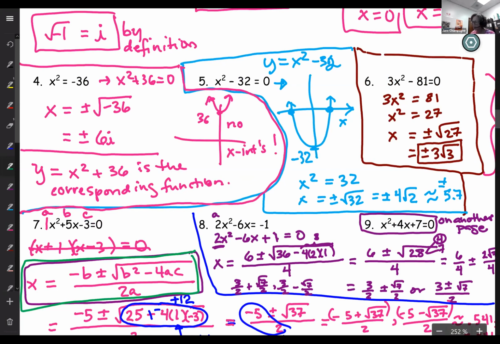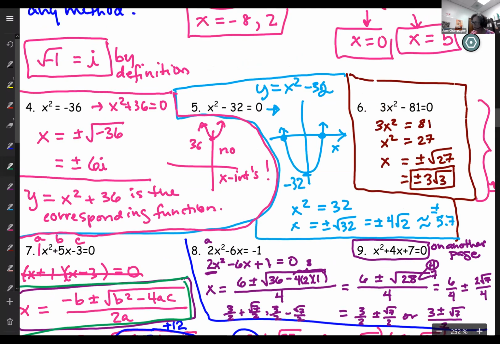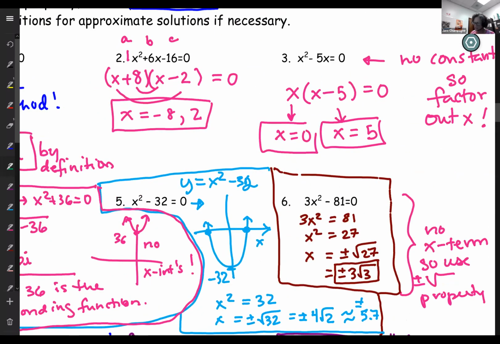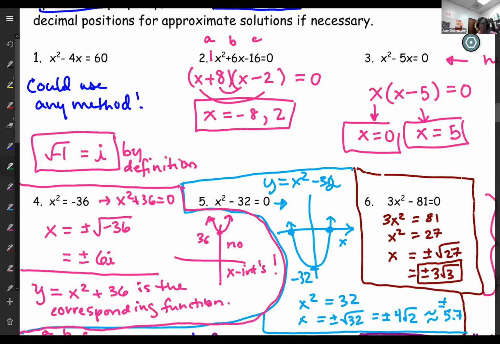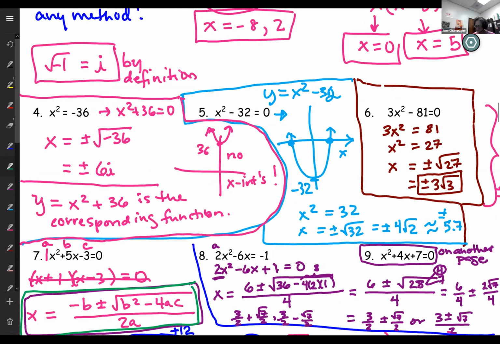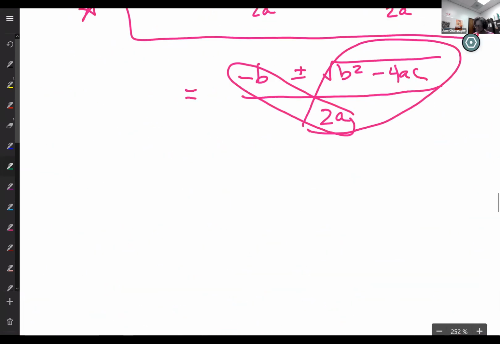If it's missing a constant term, factor out an x. Otherwise, set it equal to 0 and see if you can factor, or you can use the quadratic formula. It's totally up to you. Let's see. What else? Got the answers here.